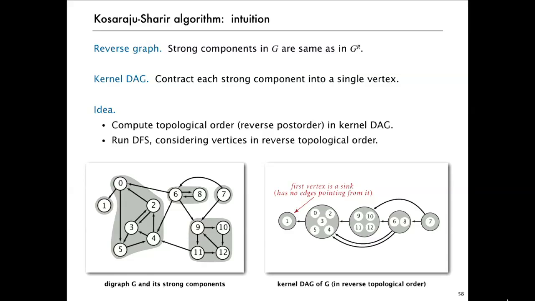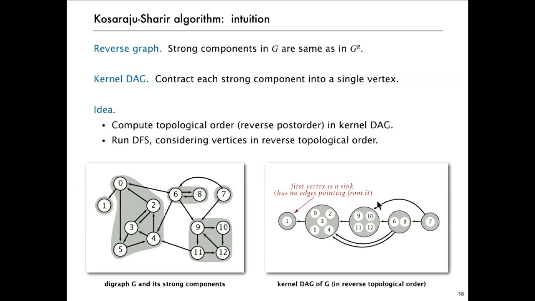So the idea of the algorithm is to go ahead and compute the topological order, or the reverse post order, in the kernel DAG, at least put out the edges of the original DiGraph in order so that all the edges in the kernel DAG point from right to left. That's like a topological sort.